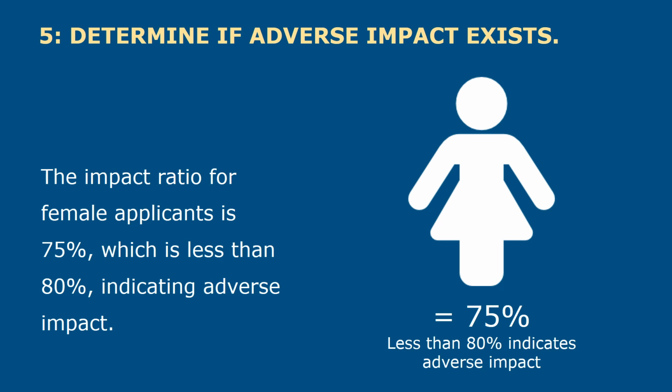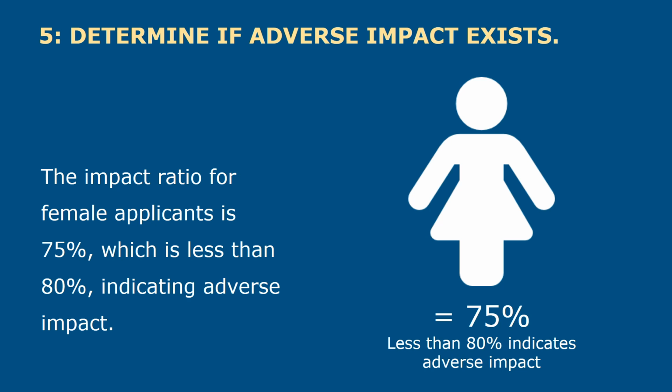Finally, step 5. Determine if adverse impact exists. Once you have calculated the adverse impact ratios for each group, evaluate each adverse impact ratio using the 4/5 rule. This is the simple part. If the adverse impact ratio for a particular group is less than 80%, according to the 4/5 rule, this can be used as evidence of adverse action.